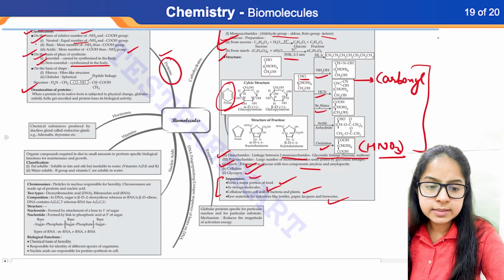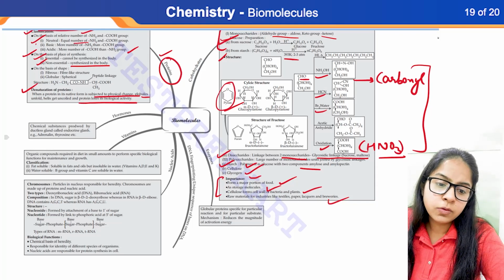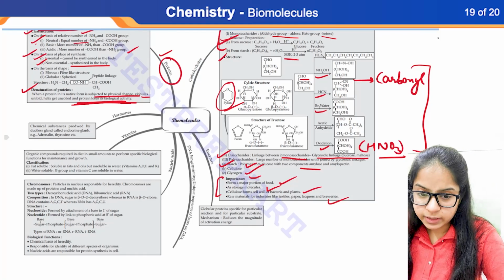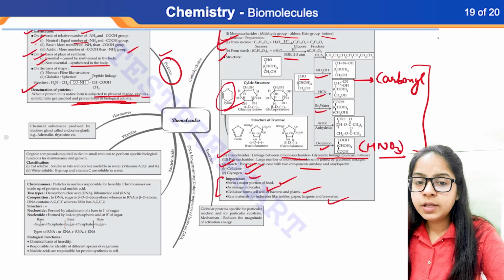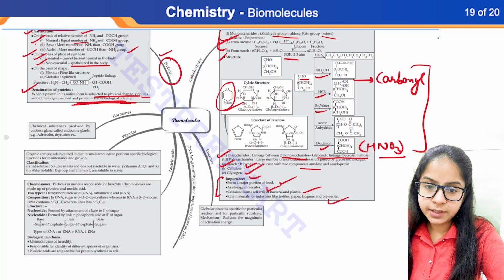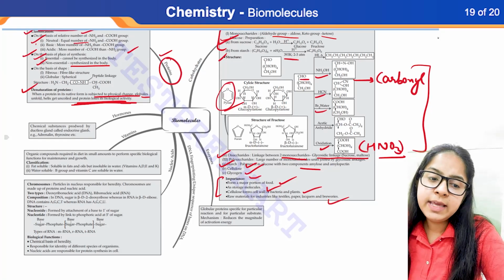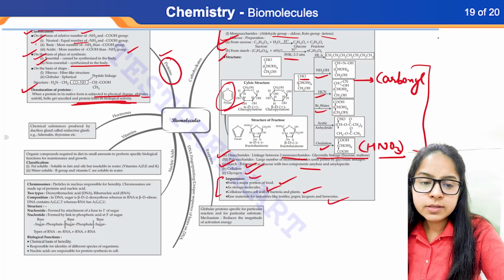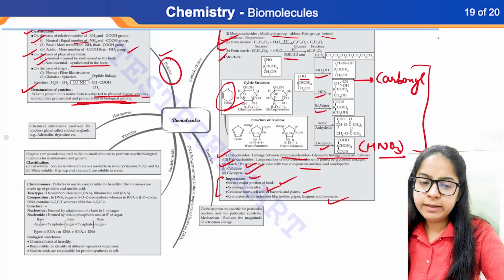When a protein in its native form is subjected to physical change like temperature increase or pH changes, then the globules unfold and helices get uncoiled and the protein loses its biological activity. Remember that the biological activity depends on the quaternary structure, but if we provide high temperature or pH change, it will denature the protein, and because of that the protein will not work like it works in its native form.